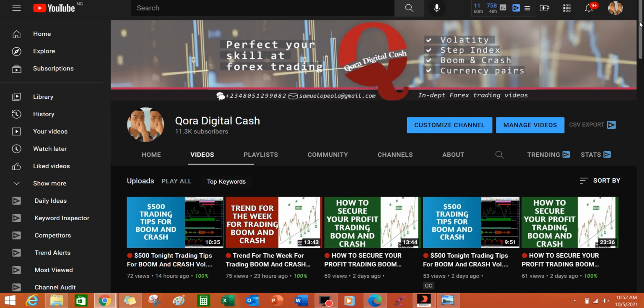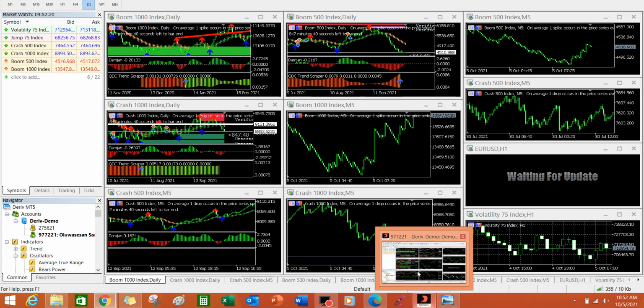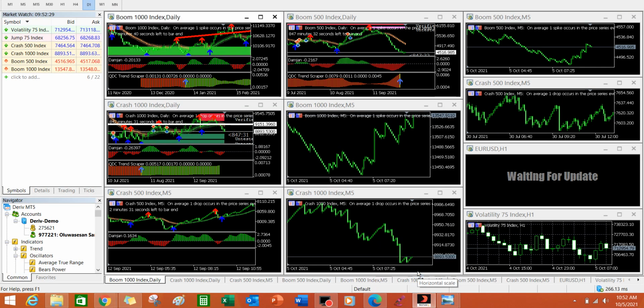Just like you guys know, step index is also a part of synthetic indices. It moves just like volatility 75, but not as volatile as volatility 75, and it works in a unique way.